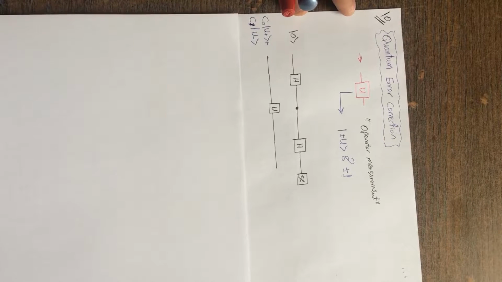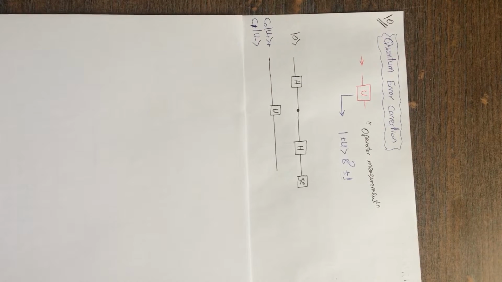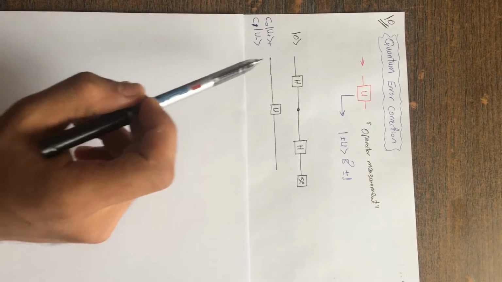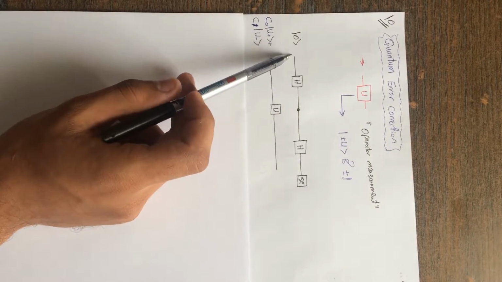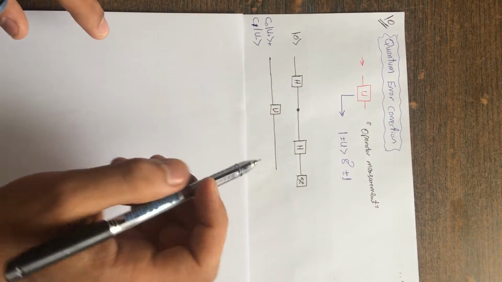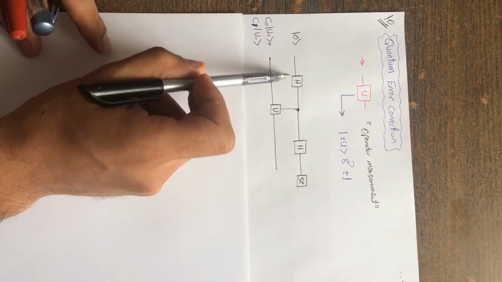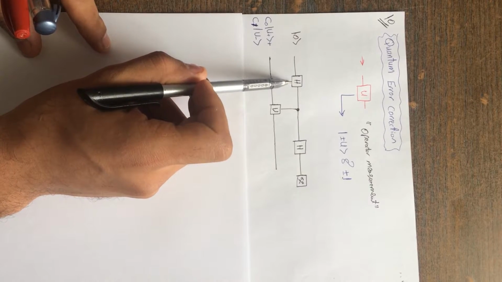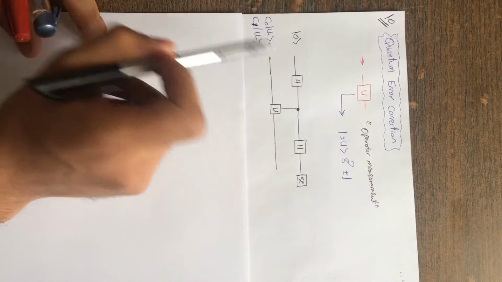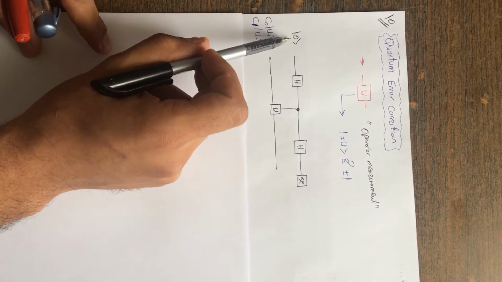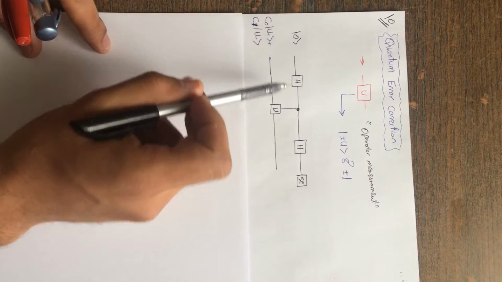So let us begin with this quantum circuit. If I begin with 0 and apply a Hadamard, I put it in a superposition state between 0 and 1, so plus and minus.